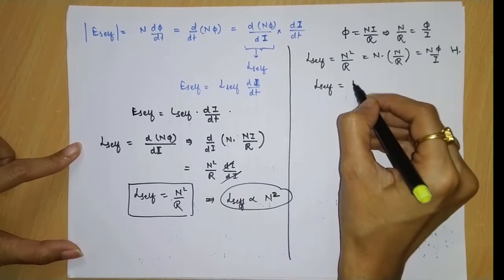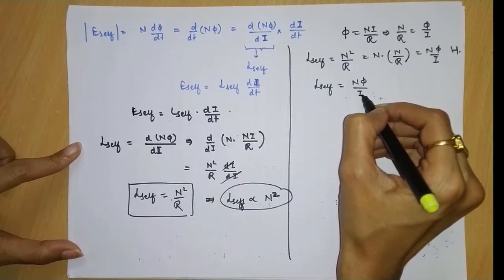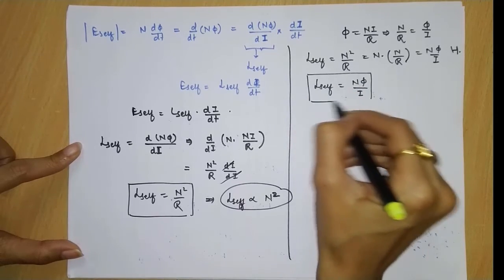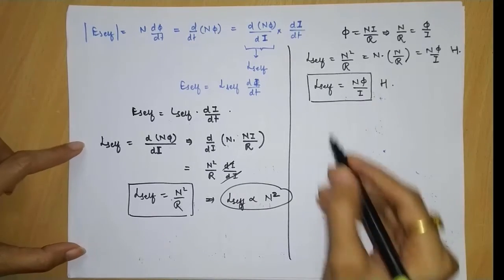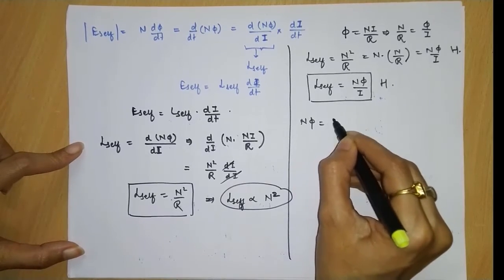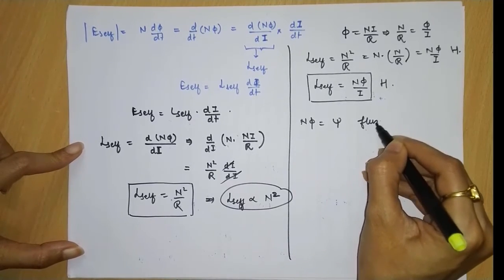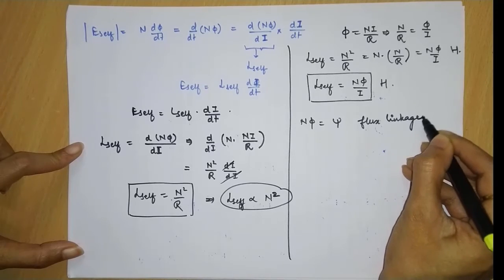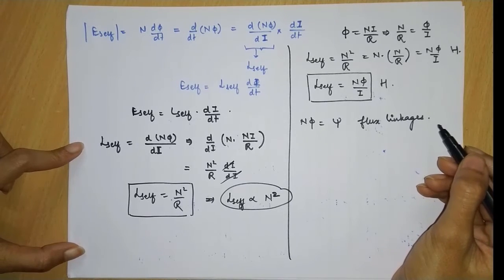Therefore, another formula of self-inductance is nφ by I Henry. This n into φ is also known as flux linkages, the amount of flux linking through all the turns.